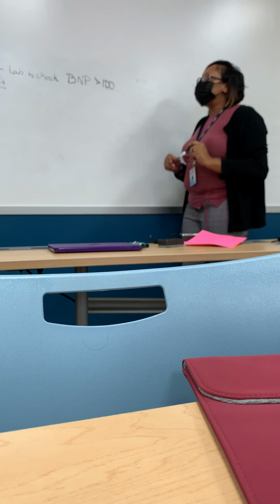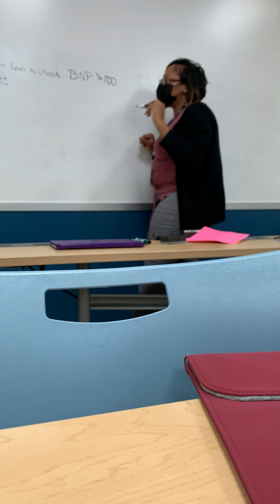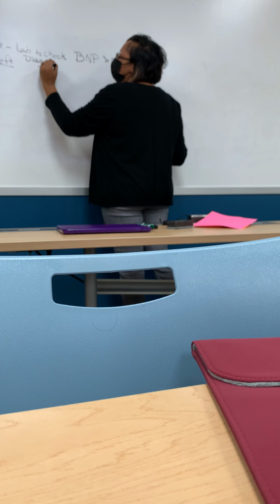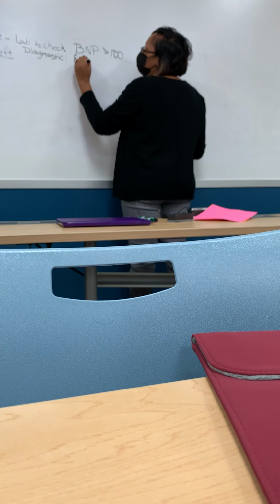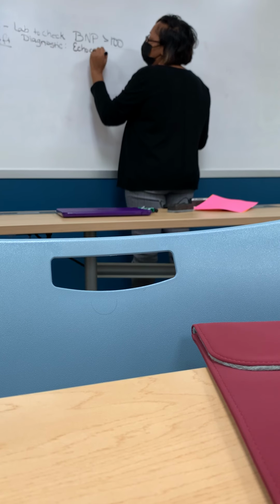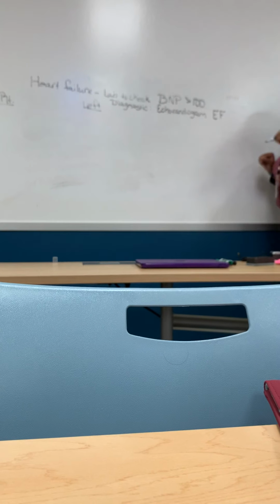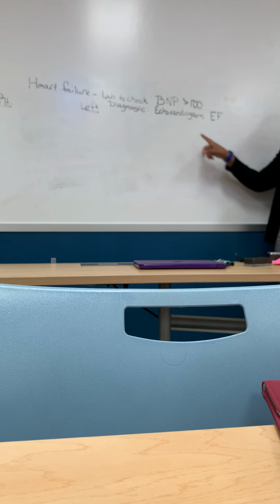Then we're going to do a diagnostic test for these patients too, other than that lab. We're going to do an echocardiogram. The echo is a picture, it takes a picture when you're having the echo.